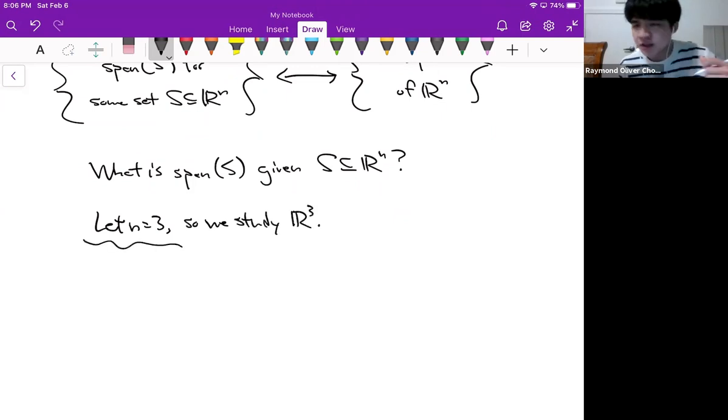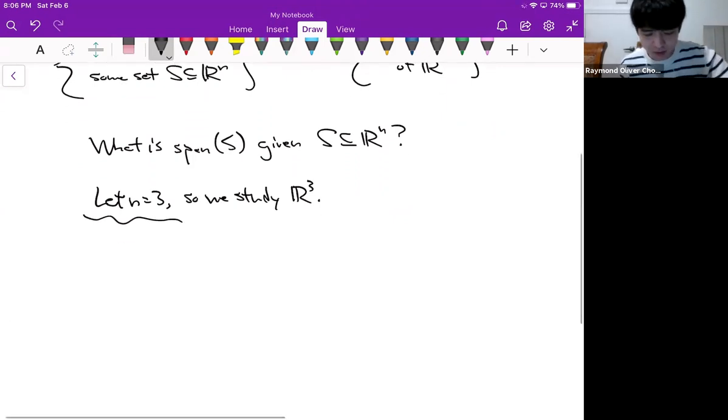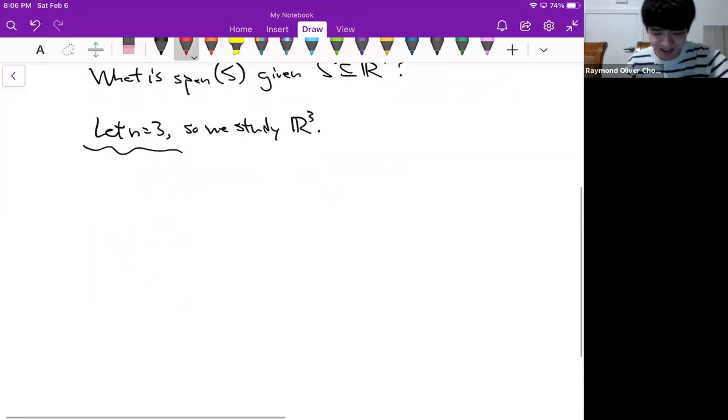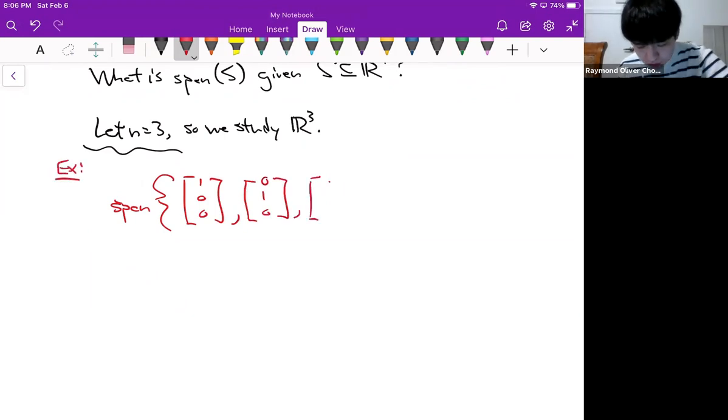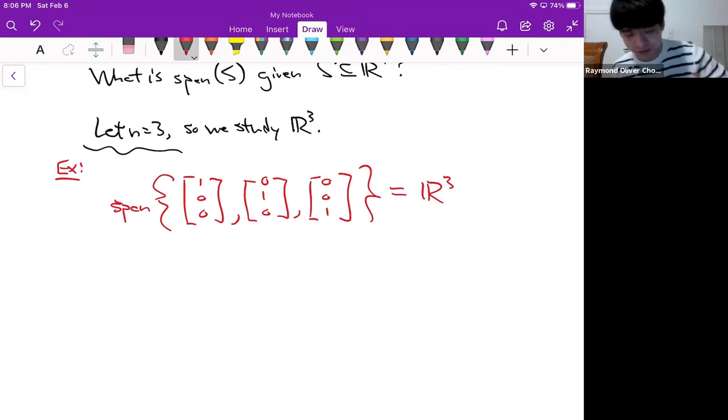Here's the most boring example I've ever seen in my entire life, but this is the one that books always give. So the span, and we're going to write it like this because we've been doing things like this, of (1, 0, 0), (0, 1, 0), (0, 0, 1) is R3, and then they don't really explain why, right?